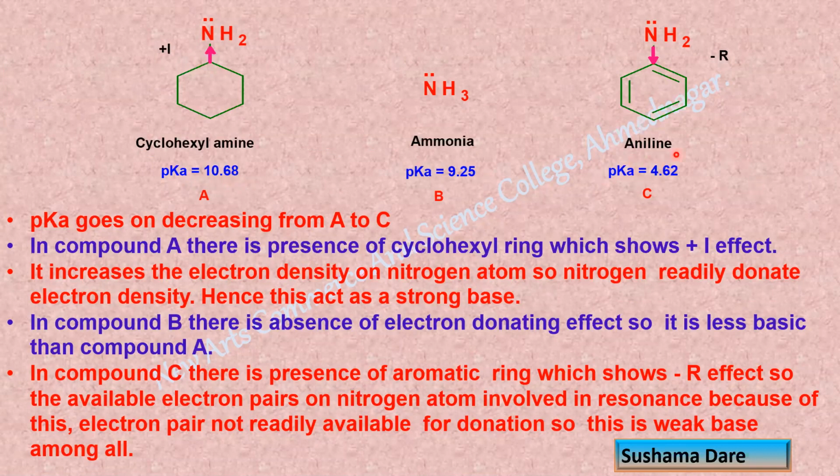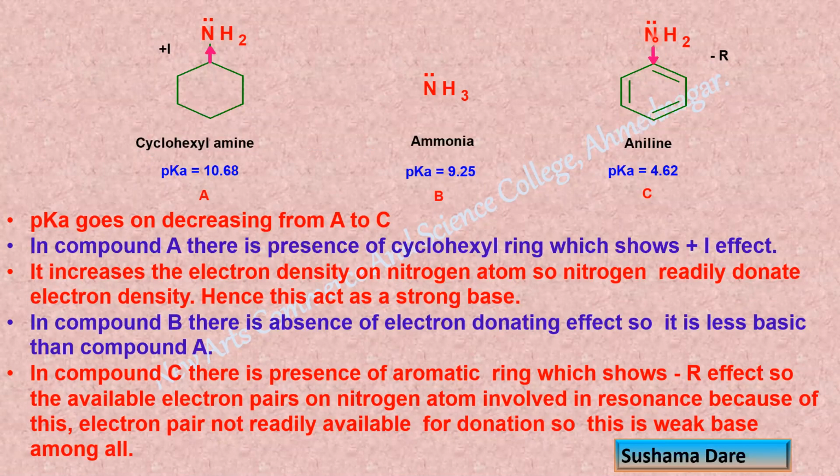But in case of aniline, what happens? Whatever electron density is present on this nitrogen atom gets delocalized in the aromatic ring. We call this an electron withdrawing resonance effect shown by the phenyl ring. Due to that, the electron density on this nitrogen atom is not readily available for donation to a proton.